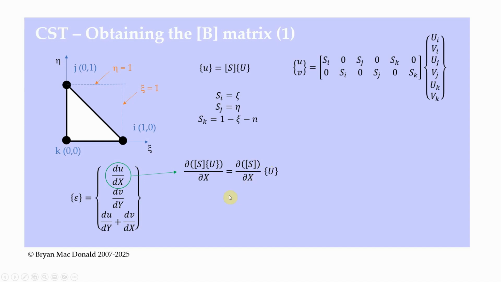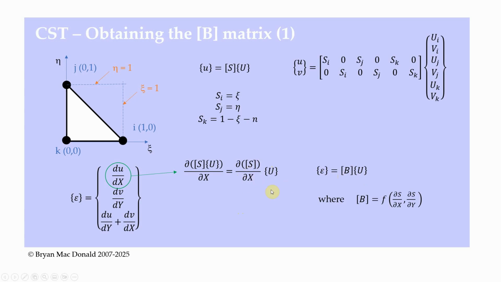If we compare this to our strain displacement equation in FEA, normally we have strain is equal to B, the strain displacement matrix, times the nodal displacement vector. And now we have dS/dx times u. It's pretty clear that B is going to be made up from that dS/dx.